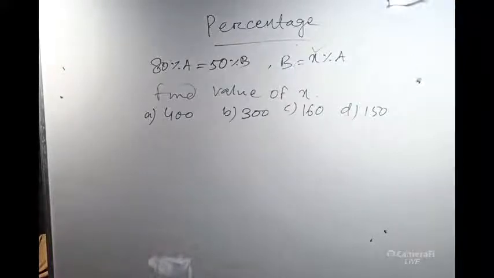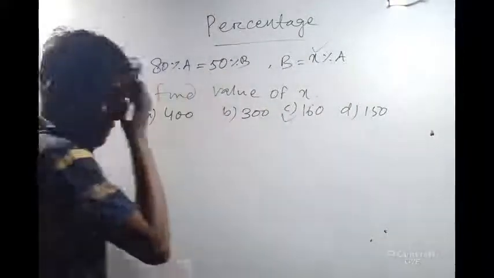If 80% of A equal 50% of B and B equal X% of A, then find the value of X. Only 30 seconds. Comment your answer. 160. Okay, 160. Okay, thanks.